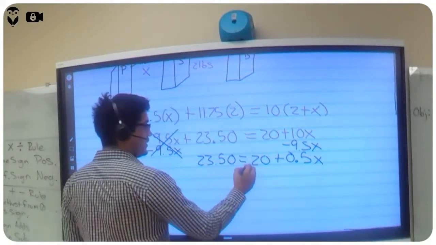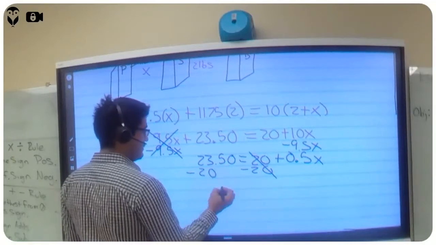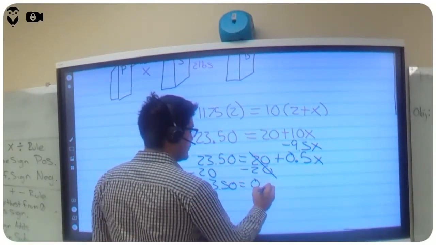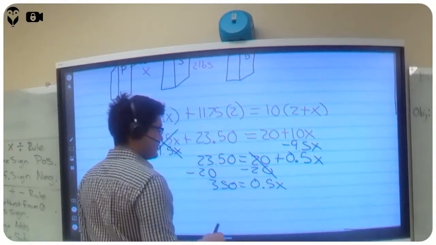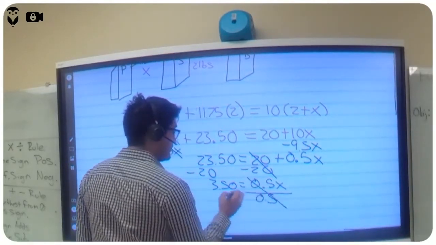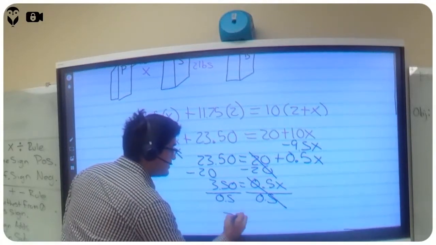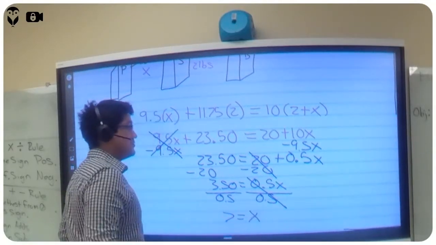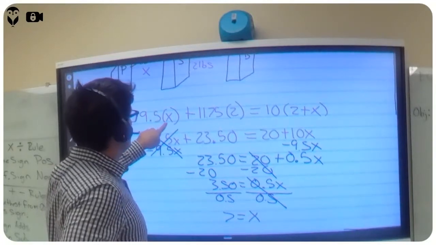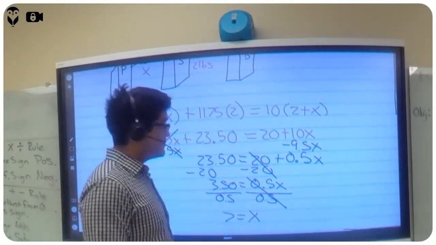Now we're going to get rid of the 20, minus 20. It's gone. I'm left with 3.50 equals 0.5x. Divide by 0.5. Divide by 0.5. 7 equals x. So I would need 7 pounds of the premium amount to make this cost efficient, $10.